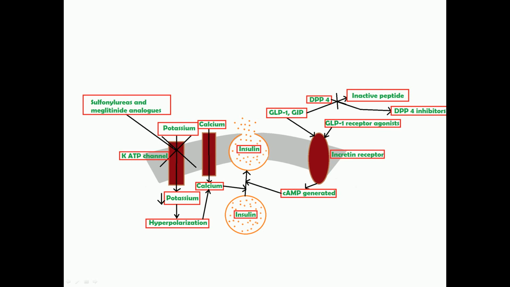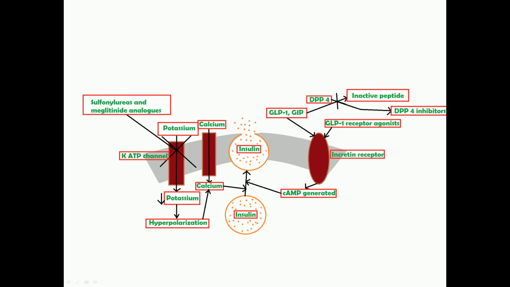All this calcium will help in release of insulin from the stored granules in the beta cells. The granules will adhere to the membrane, and they will release the insulin granules by exocytosis.